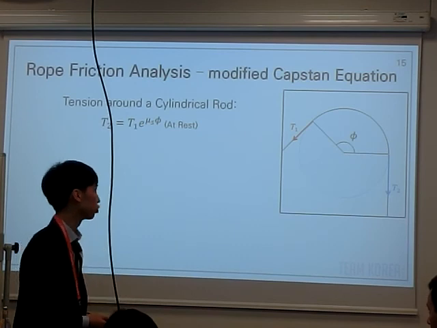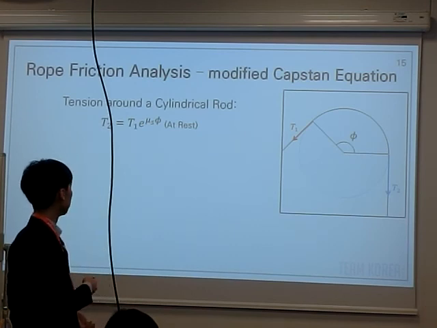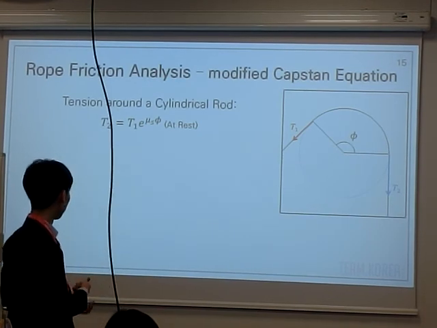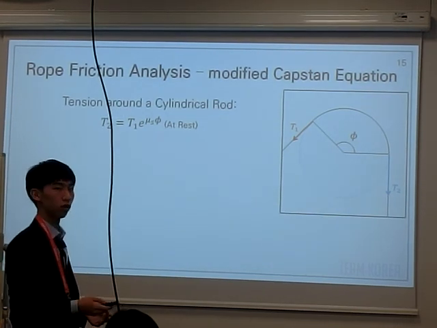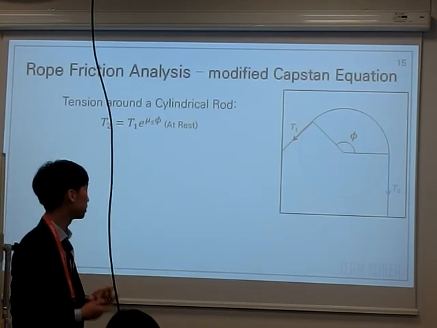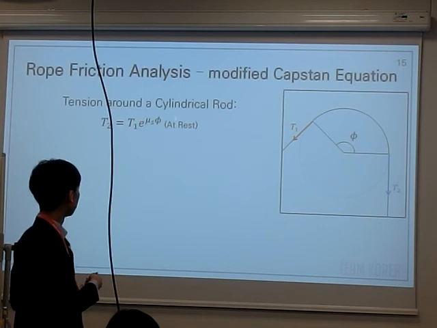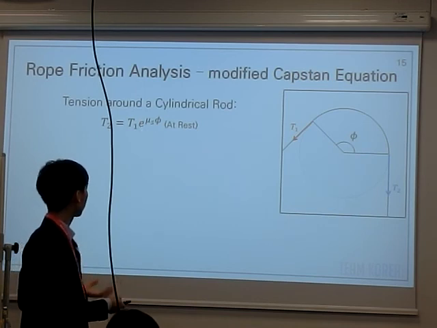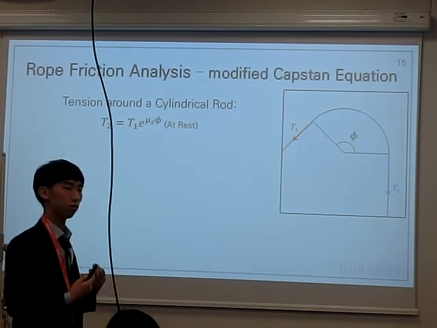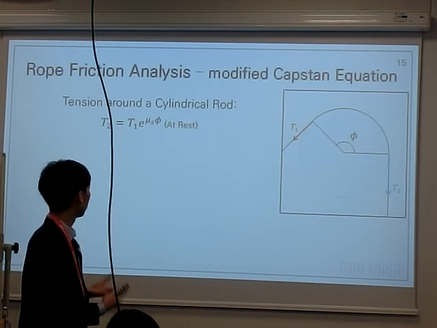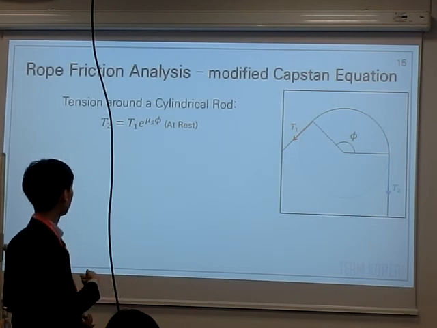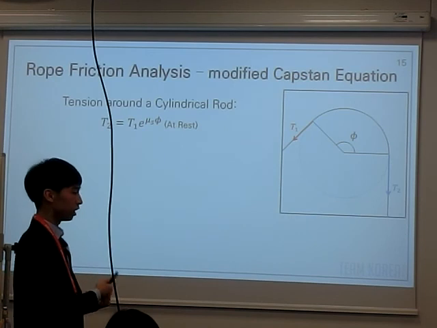If the relative motion between the string and the rod is zero, then this equal sign will change to an inequality that states that T1 cannot hold a force that is stronger than this value.